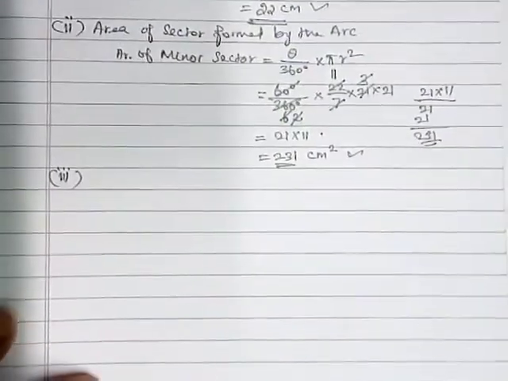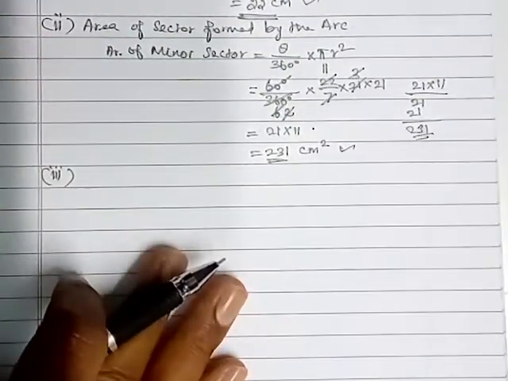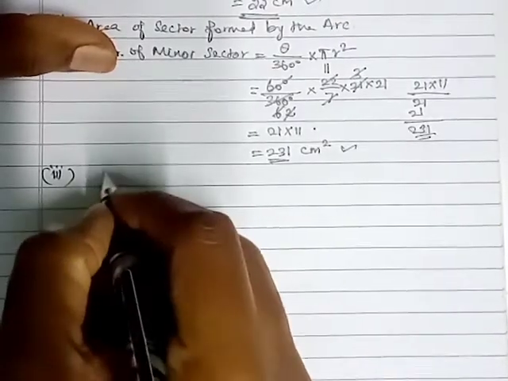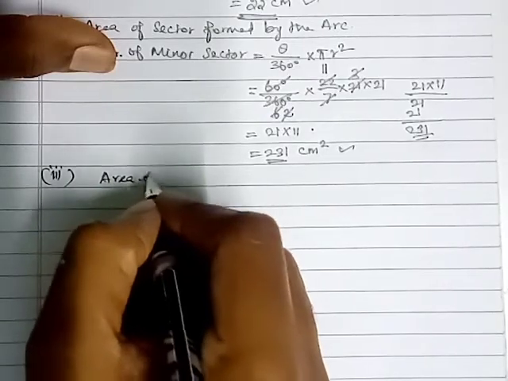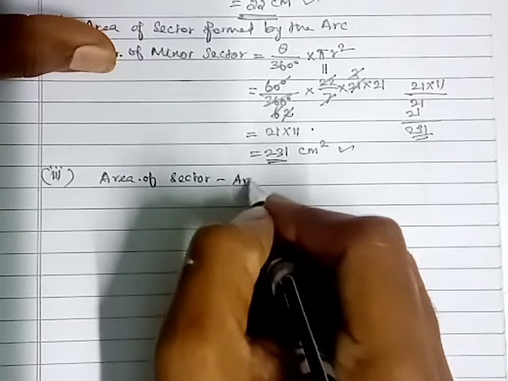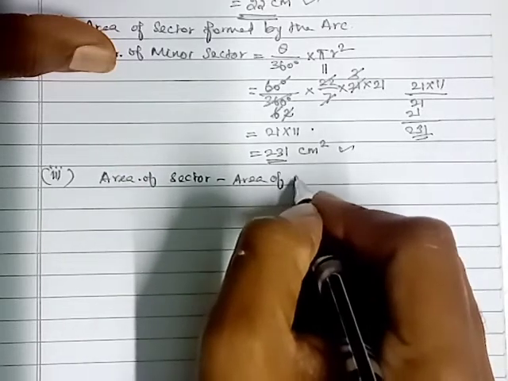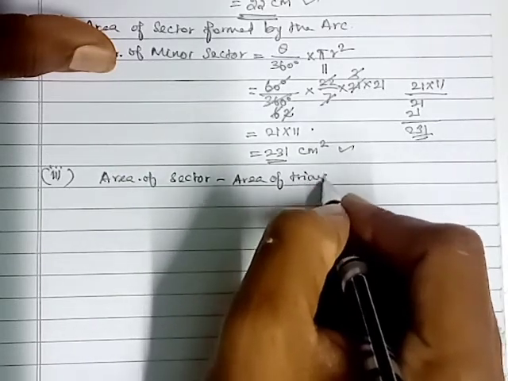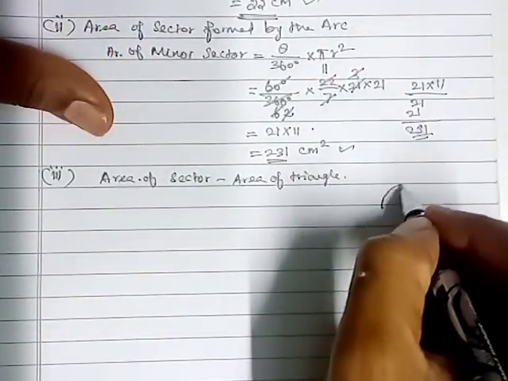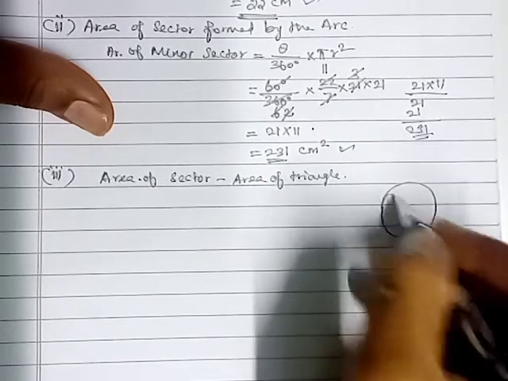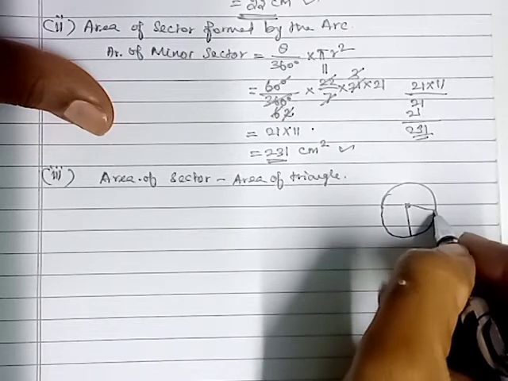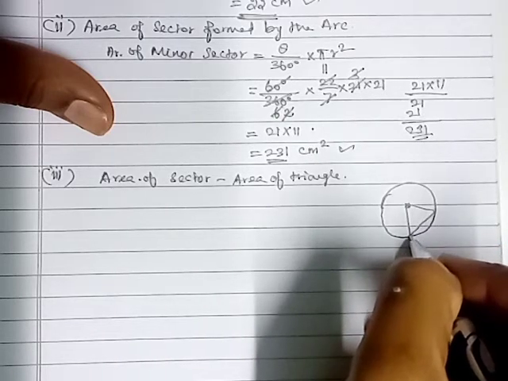Now we know that we can get this from the formula: area of sector minus area of triangle. Because in this circle, the corresponding chord is this one, right?